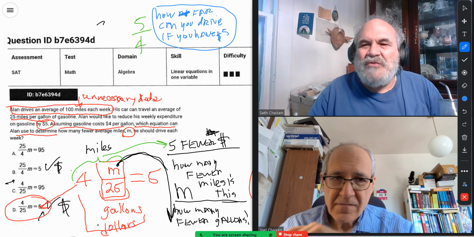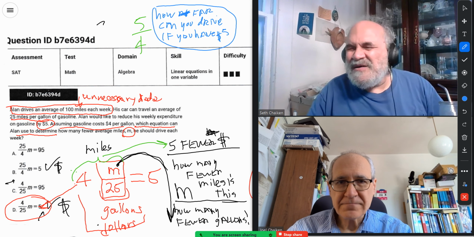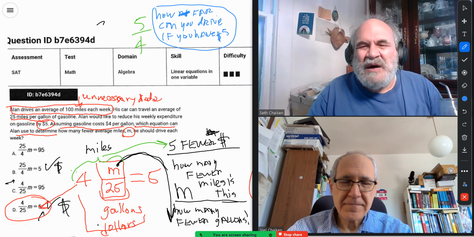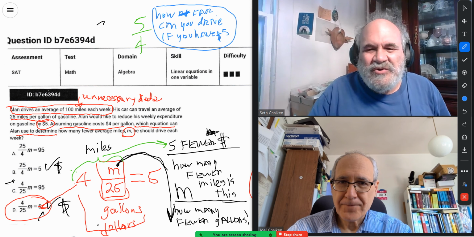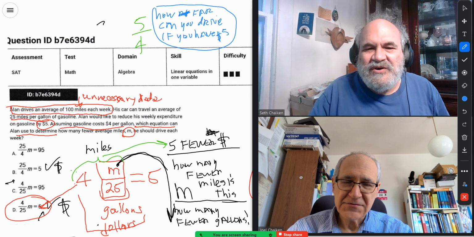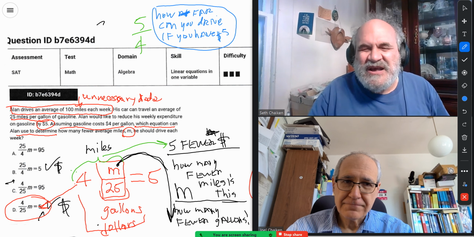And for each gallon, you can go 25 miles. So for this number of gallons, a little bit more than a gallon, 1.25 gallons, multiply it by the number of miles that his car on average gets per gallon. That gives you the number of miles.